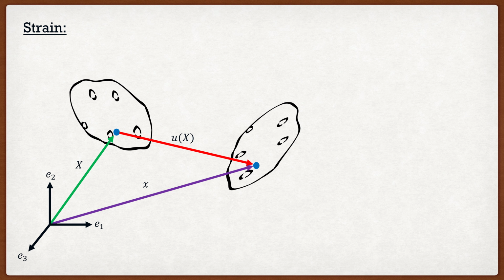Now when we talk about strains, we're going to introduce 2 additional points. On the left-hand side in the reference configuration, we're going to have a second point, which is light blue, and it is going to be at a distance dx from our original point. Similarly, on the other side, we introduce the second point, which is the same point in the deformed configuration, at a distance d small x.